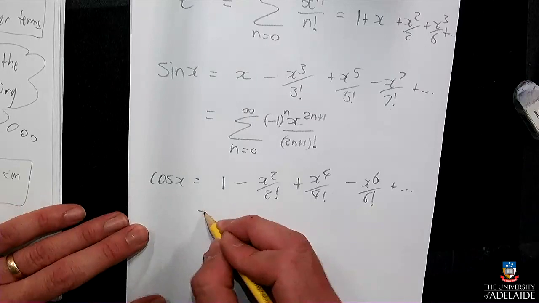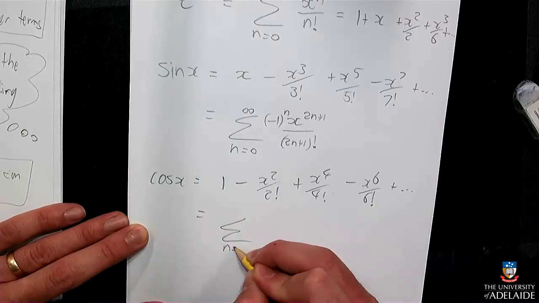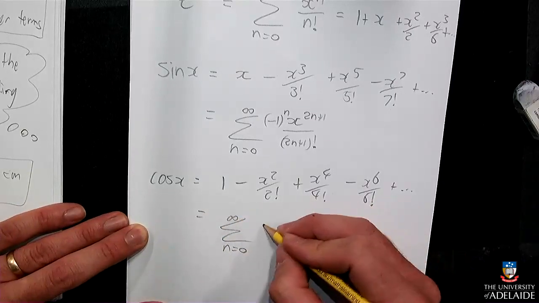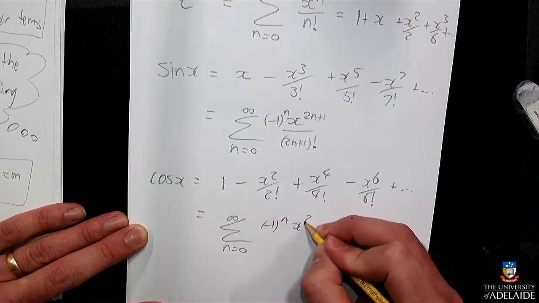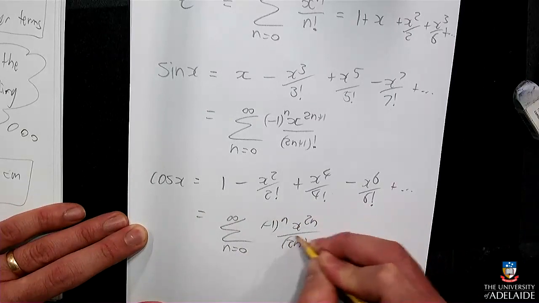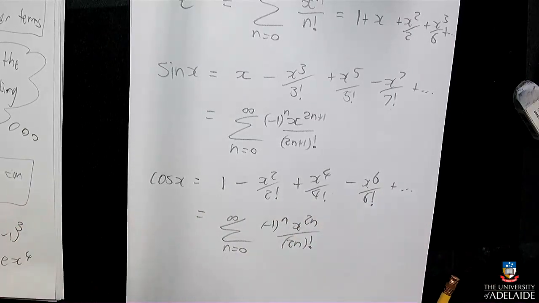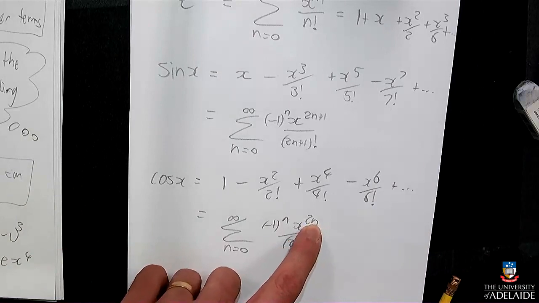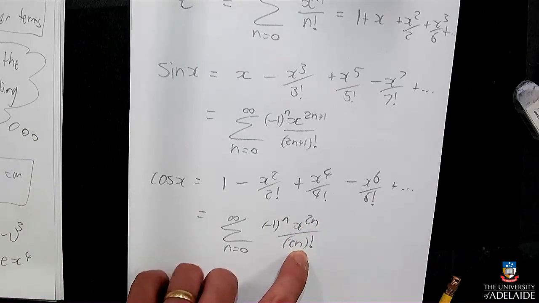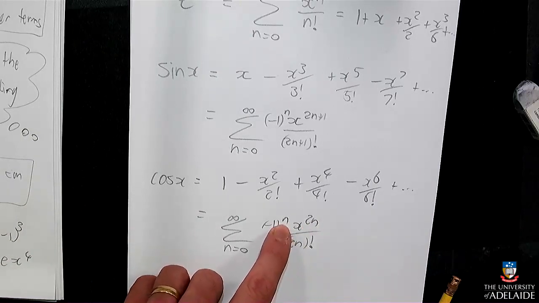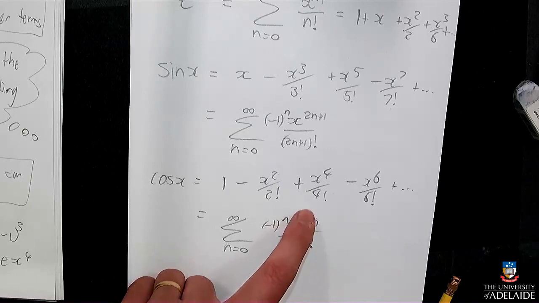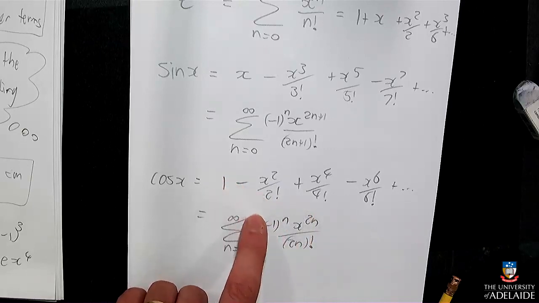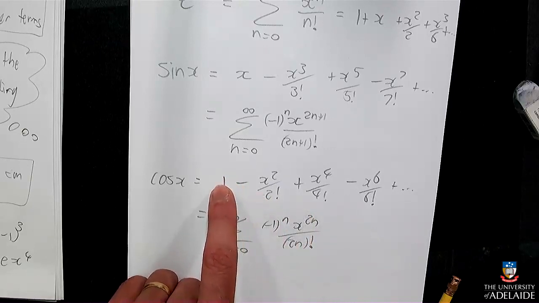And the shorthand version of that is this. So it has the even powers, which is why it's got a 2n here. You divide by the matching factorial, and you have minus 1 to the n, so that when n is 0, you get x to the 0, which is 1, and minus 1 to the 0, which is also 1, and 1 times 1 is 1.